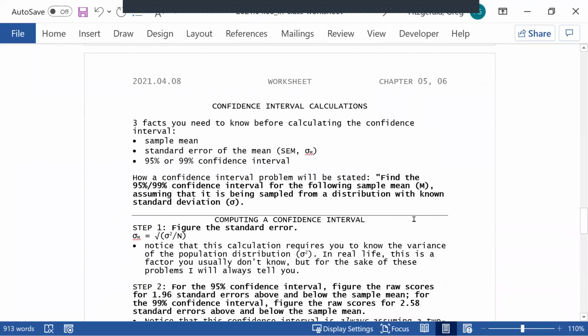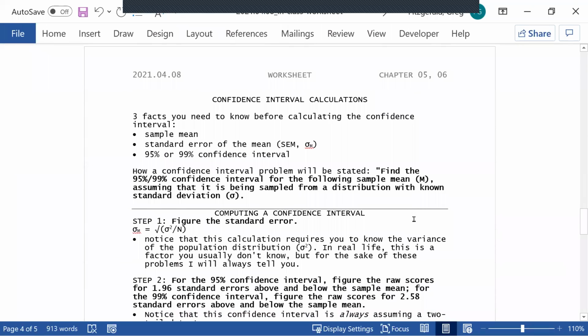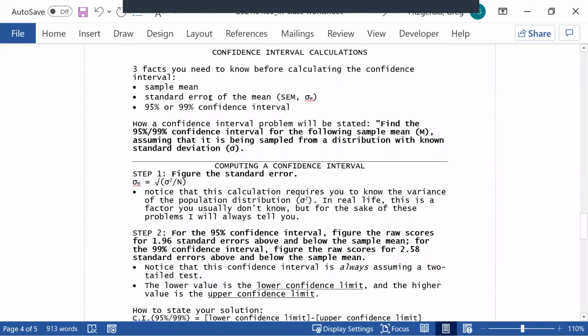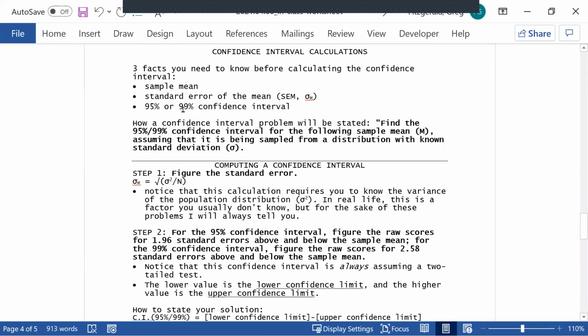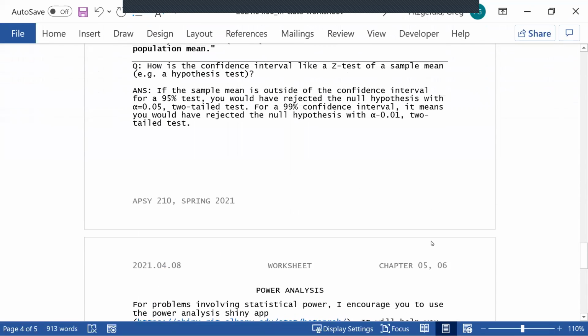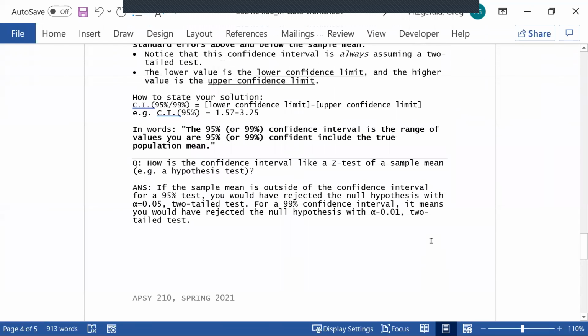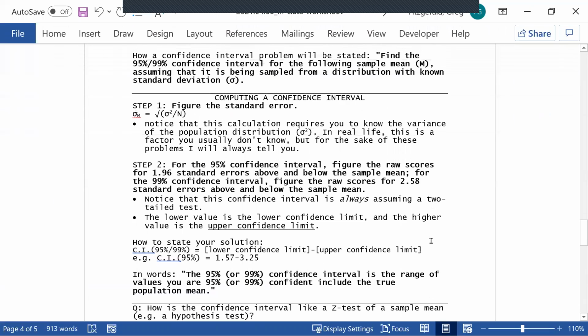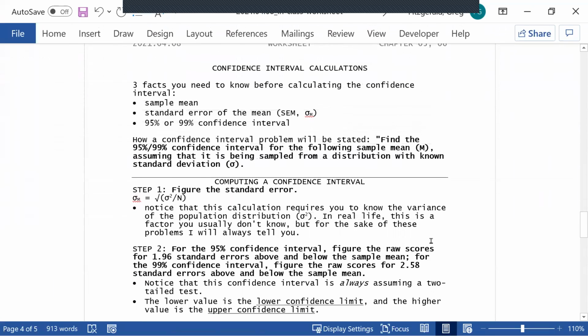There they are. So I have a whole page, confidence interval calculations, facts you need to know. You need to know the sample mean, the standard error of the mean, and whether it's a 95% or 99% confidence interval problem. This is on page 4 of the worksheet that I gave you online. Apologies for not printing it out. That was just a careless error.